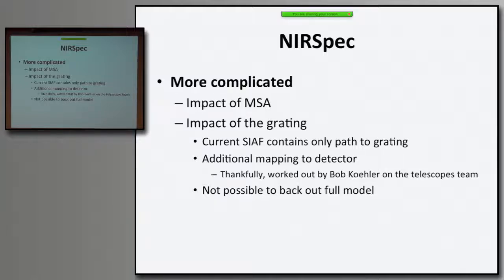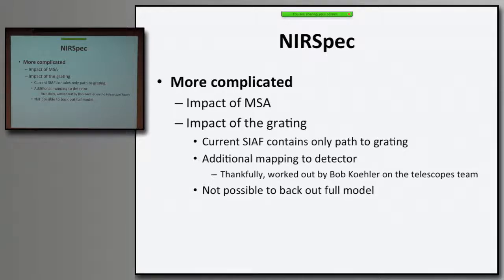So NIRSpec was more complicated because there's this thing called the MSA that gets in the way of the pixels. And also the grating, it turns out, is another issue. It turns out that the current SIAF only contains half of the solution. At the time I did it, things are changing really fast. But NIRSpec is complicated by the fact that you have one mapping from the sky to the grating and another mapping from the grating to the detector.